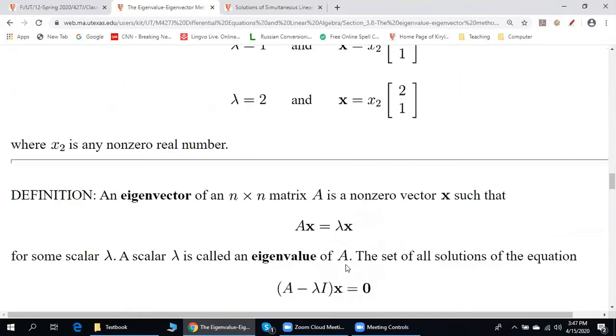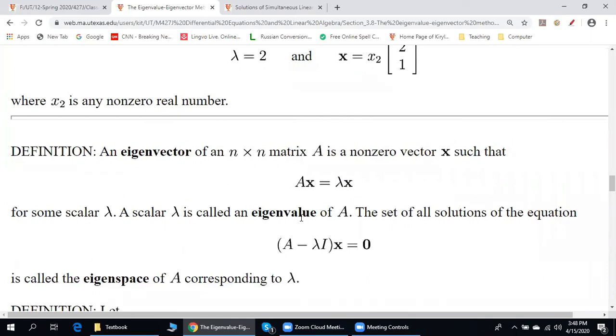Now let us talk about terminology. A non-zero solution of this equation is called an eigenvector. Important, guys: 0 is not an eigenvector. An eigenvector is only a non-zero solution. And then a lambda for which this equation has a non-zero solution is called an eigenvalue.